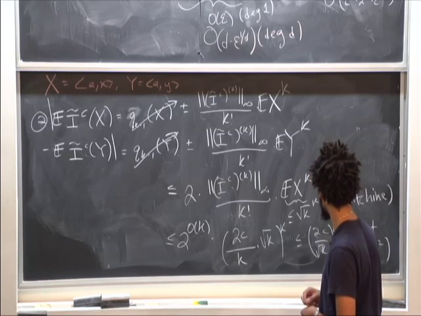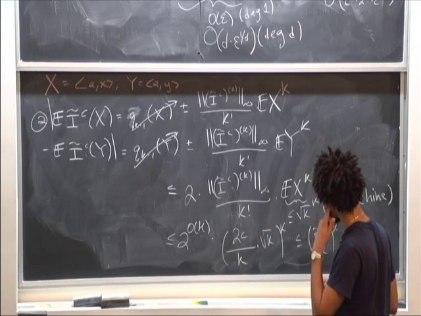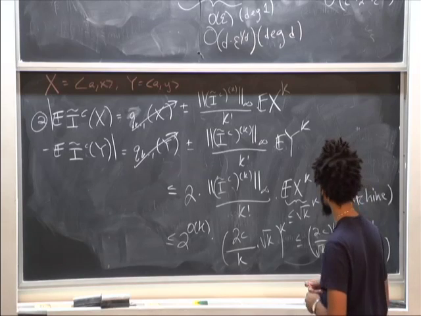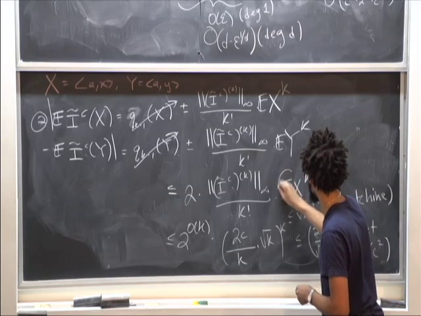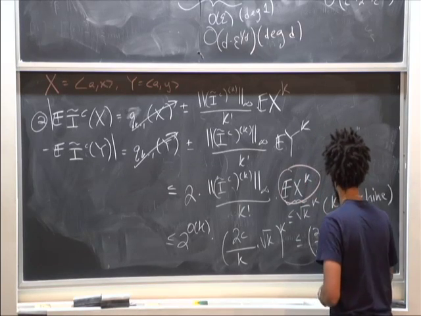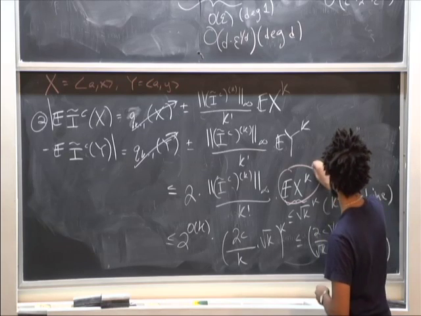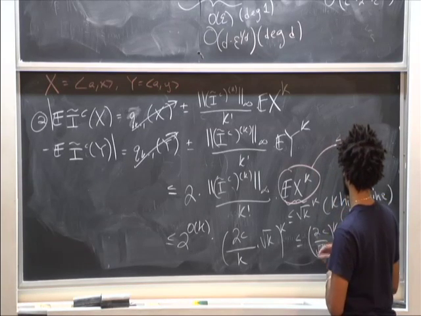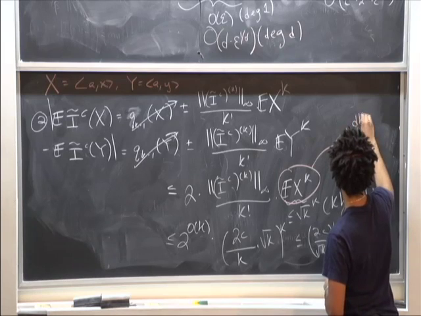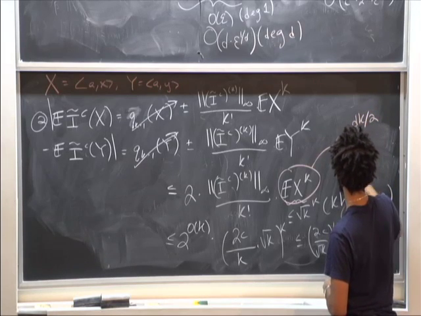The problem when you move to higher degree is that this thing, so this is degree 1, actually becomes at most k to the dk over 2. This is from hypercontractivity.